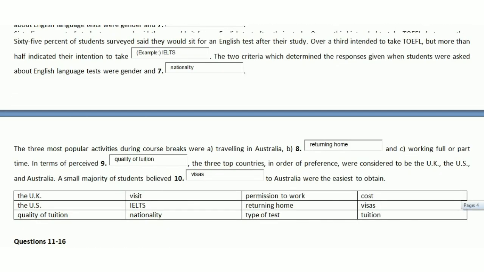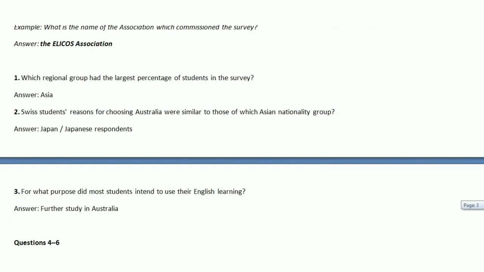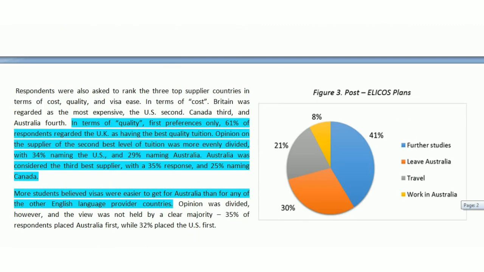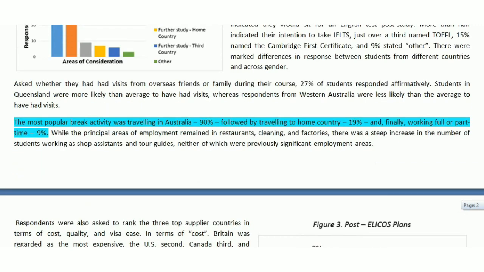Let's see where it is. Here it is written 27%, so it is more than 25%, just over a quarter. Yes. So asked if they had visits from overseas friends or family during their course, 27% of students responded affirmatively. So this is the location, I guess.